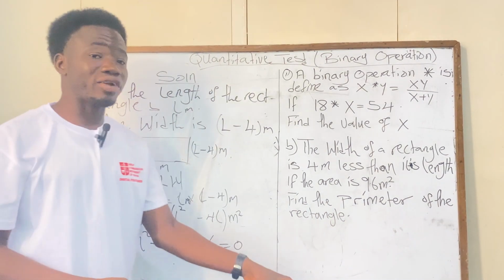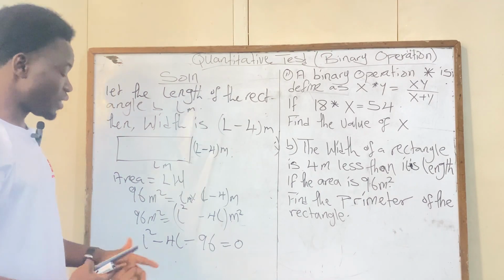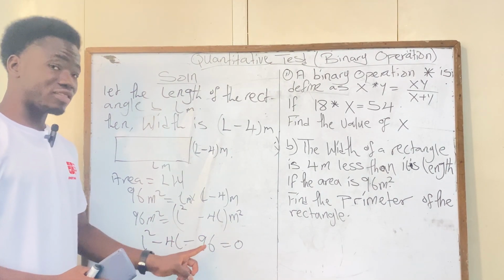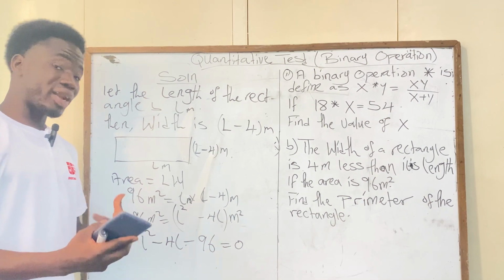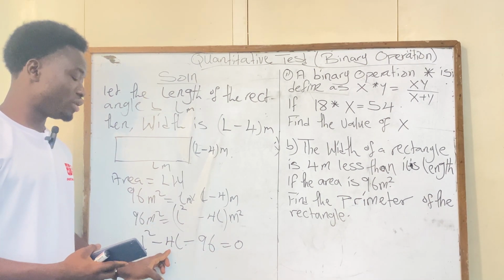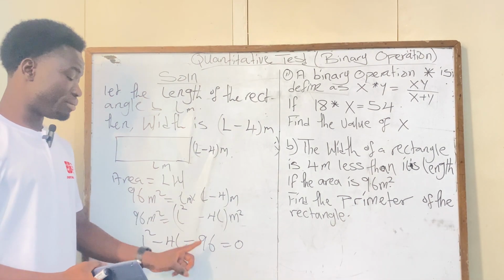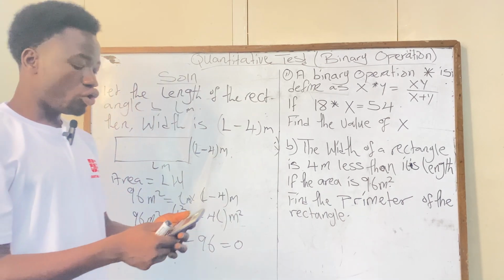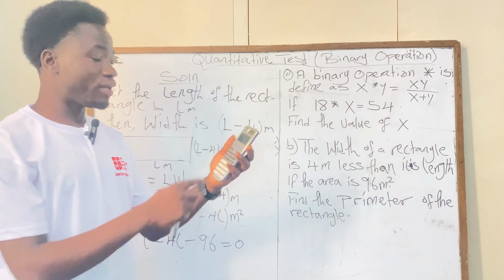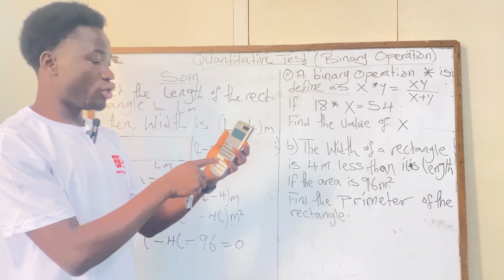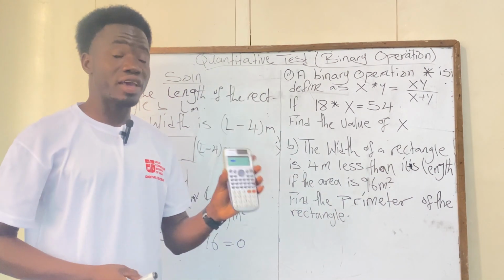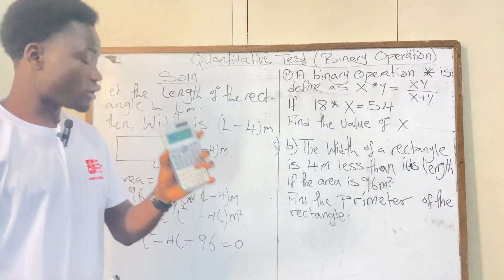So you can use the quadratic equation to solve this. Now find the factors of 96. When I sum them, I will have -4, or when I multiply them, I will have -96. So you can use your calculator to do that by pressing shift equation then 3, and that is how you get the quadratic equation formula.